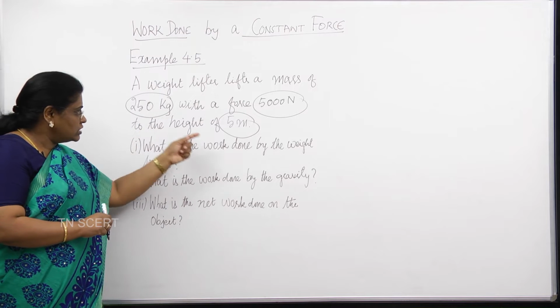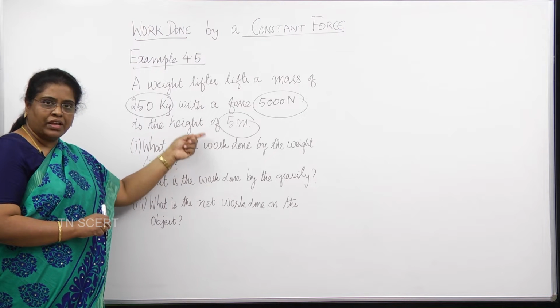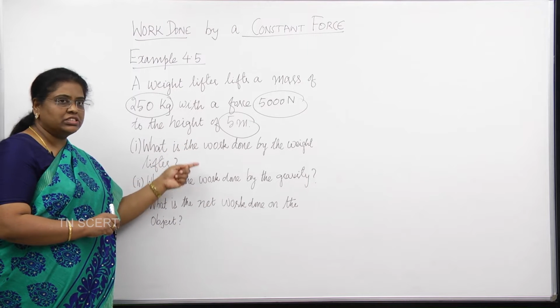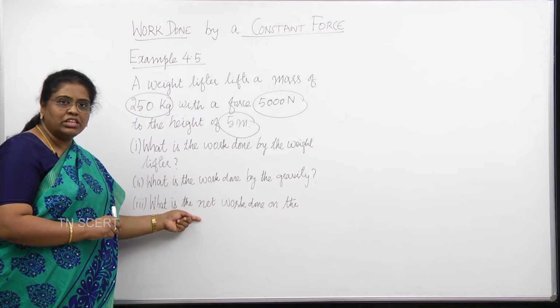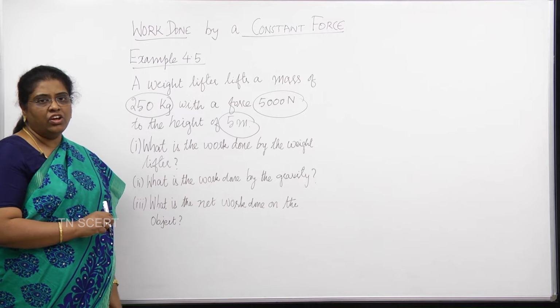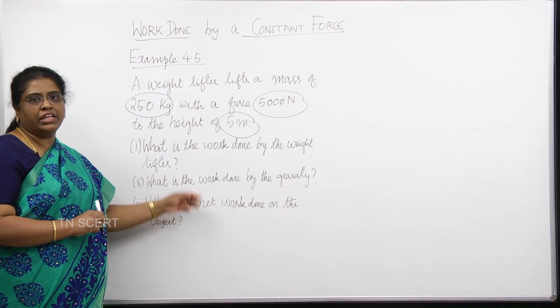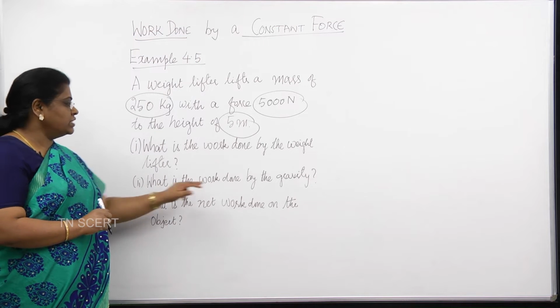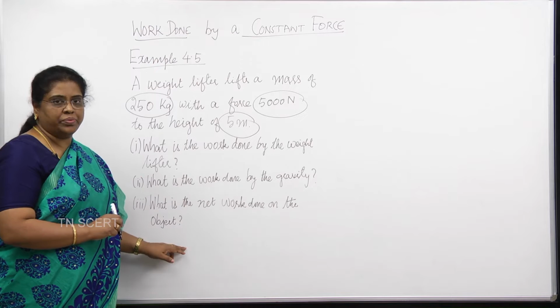Both these forces are acting on the object, so individually they are asking us to calculate the work done. And the third one, what is the net work done on the object?